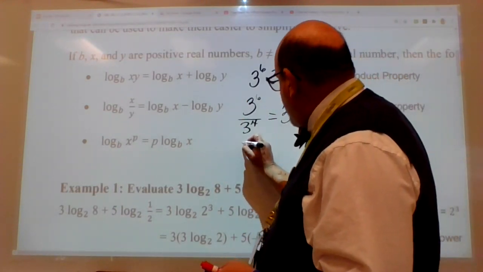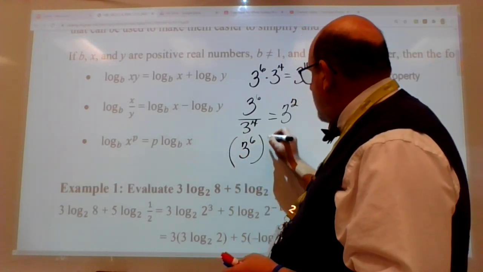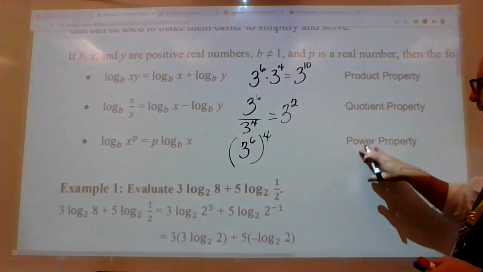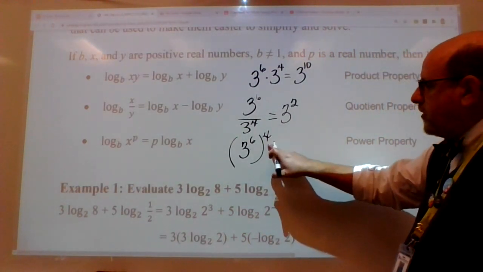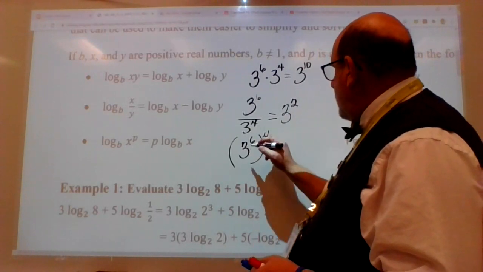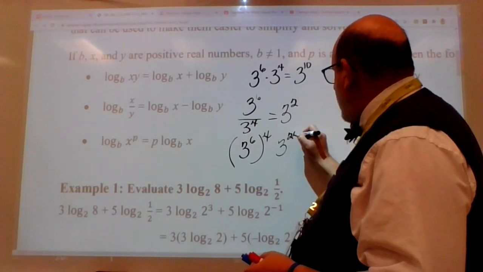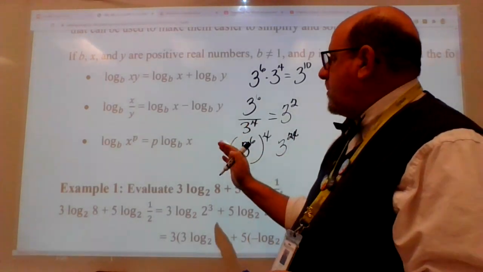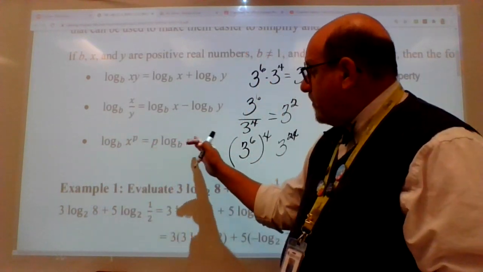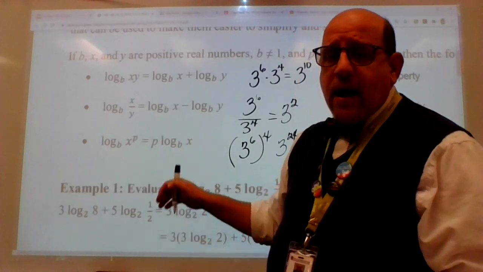But when we have 3 to the 6th power, and that's in parentheses, right? This is our power property, right? We've raised it to a power of 4, so that's 4 of these 3 to the 6's, so it would be 3 to the 24th power. Well, this is kind of the same thing, only we take this power and we throw it up front in the log, and it basically does the same thing to that power.